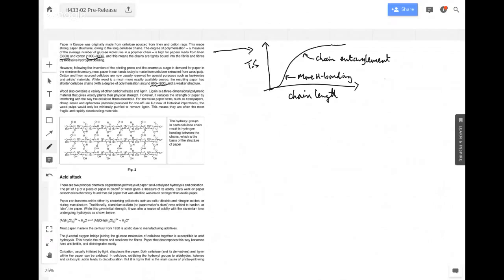It doesn't actually make much difference making the chains any longer beyond a certain point, because you're not having any significant increase in the number of intermolecular forces or indeed the degree of chain entanglement. But the difference between 1,000 and 3,000 is going to be quite noticeable, which is why you get this difference in the strength of the papers.